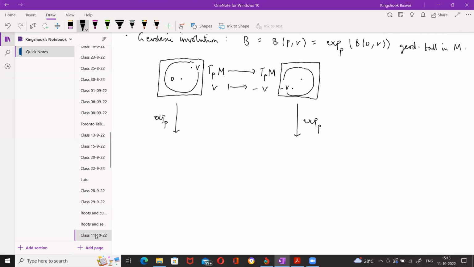Maybe the geodesic ball looks something like this. Actually, instead of T_P M, I take B(0, r), not the full tangent space, I just take the ball here.